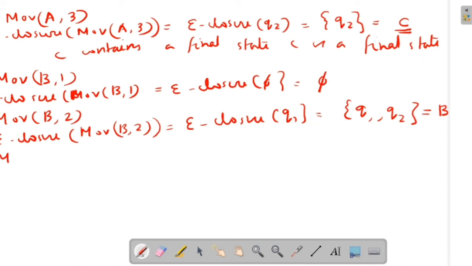Next we find out what is move of B comma 3. Move of B comma 3, that is epsilon closure of move of B comma 3. Find out if there is any 3 transition from states q1 and q2. B is equal to q1 and q2. Okay, 3 transition.